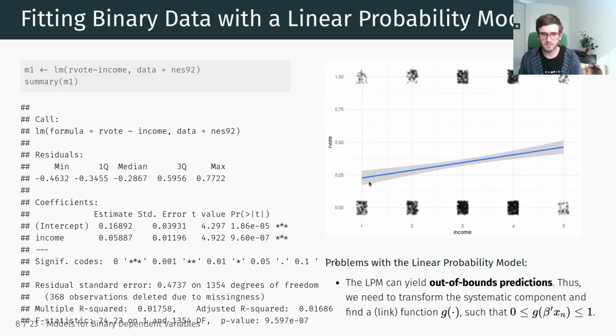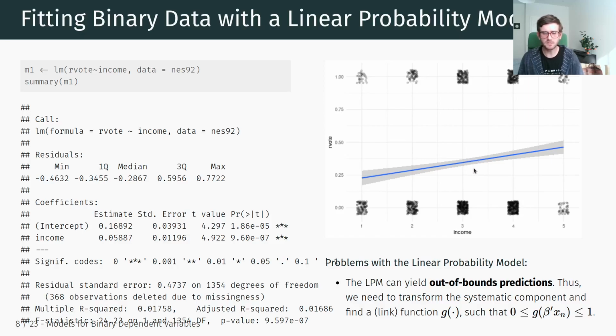The key point here is, of course, that by making some additional assumptions, most importantly this linearity assumption, by virtue of estimating this OLS model, we now have an estimate of the conditional expectation for each income bracket, which is the proportion of votes for Bush versus votes for Clinton in that specific election.